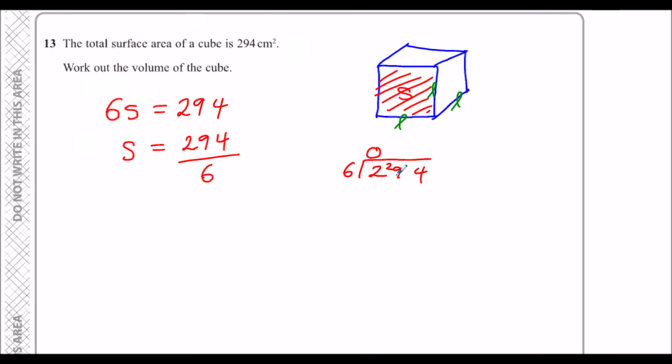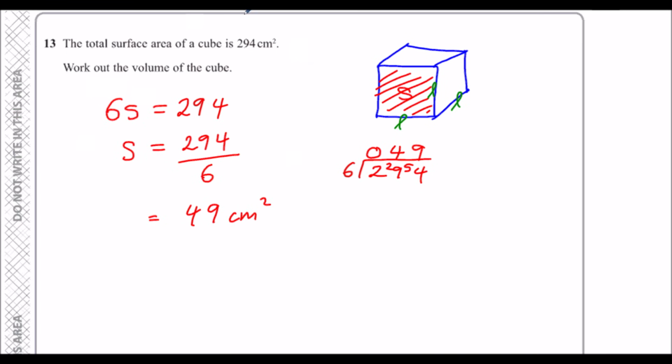How many 6s go into 29? So 4 6s are 24, so you've got 5 left over. And how many 6s go into 54? That's 9. So the area of every surface must be 49 centimeters squared.